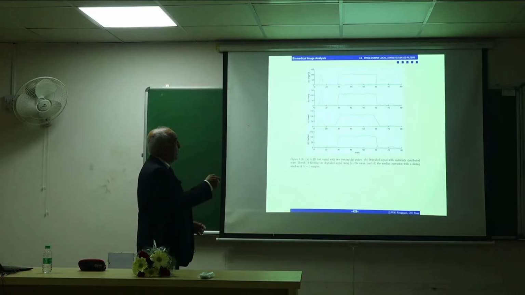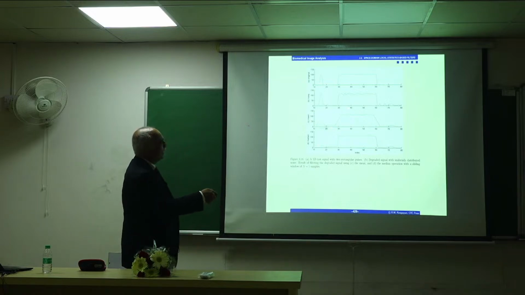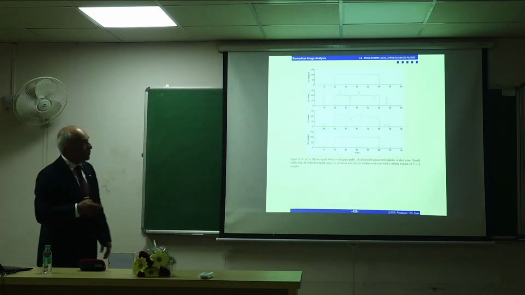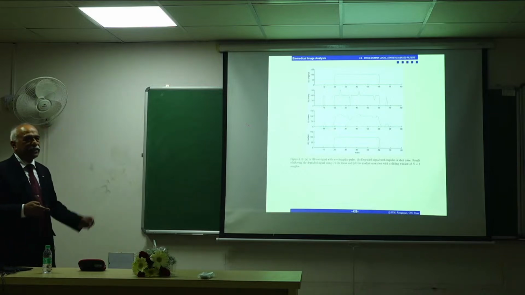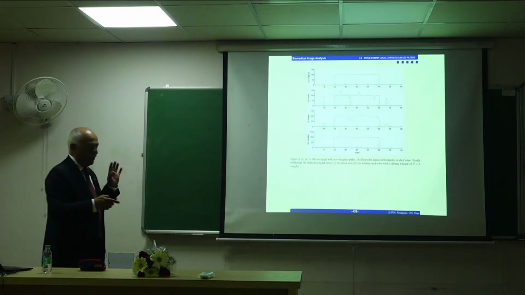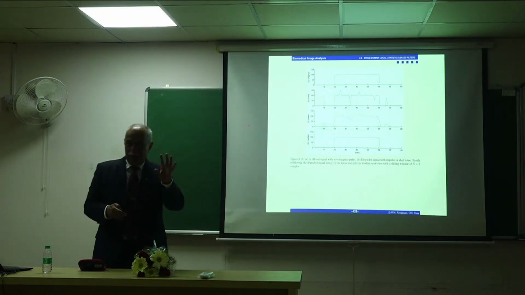So if you believe that is a signal of interest, then this is not good. But look at the edge here. The mean filter has blurred the edge. The median filter maintains the edge. This is blurred, this is straight and sharp. So in most cases, the median filter does a good job. But the question is what kind of neighborhood you want to use and how many samples to compute the median.